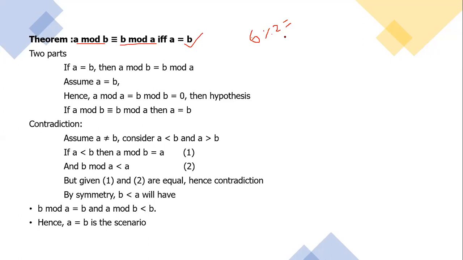Are you sure? Yes, ma'am, the remainder is 0 only. Okay, then tell me the value of 2 modulo 6. Correct, I just wanted to confuse you. 2, ma'am. How? 2 divided by 6, remainder is 2. Okay, good.